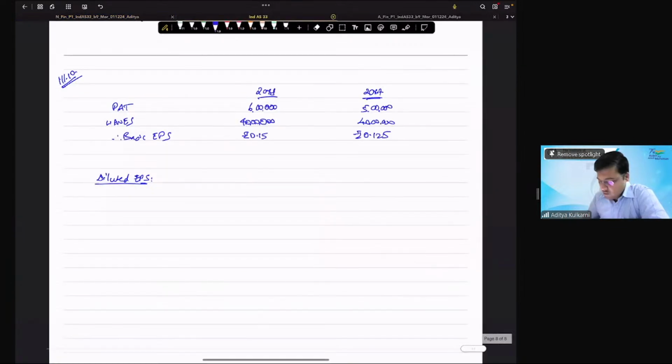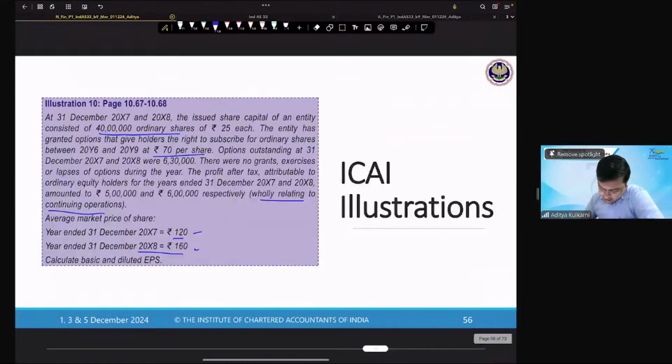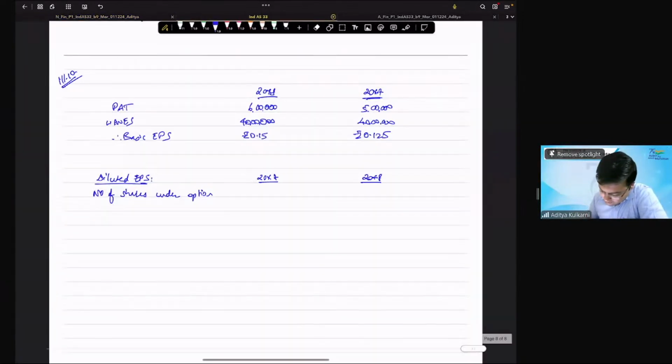Okay. So now number of shares under option. 20x7, 20x8 कितने शेयर्स थे? 6,30,000.